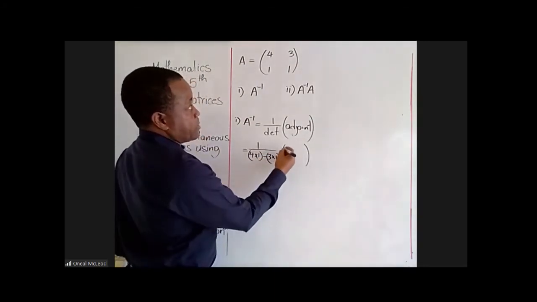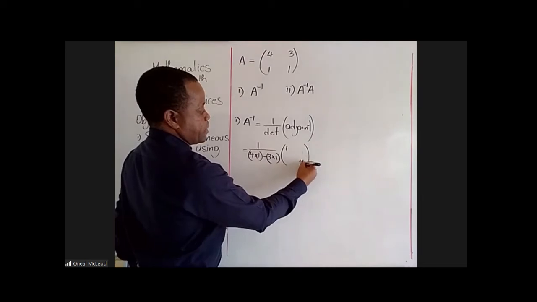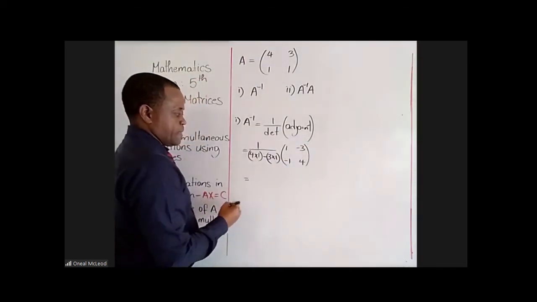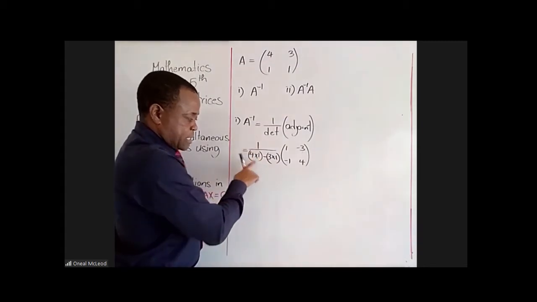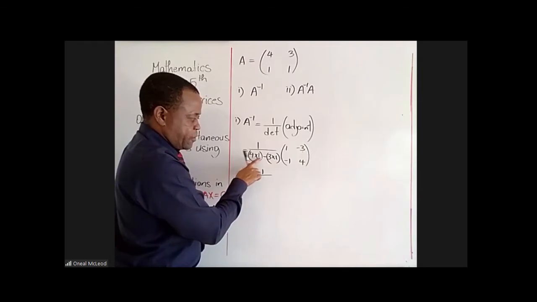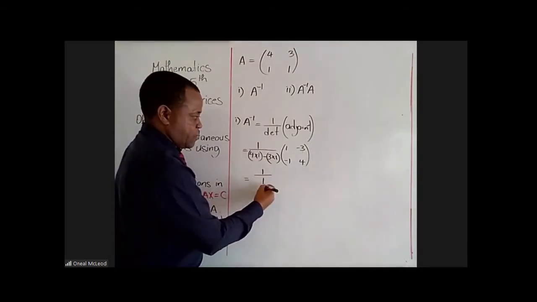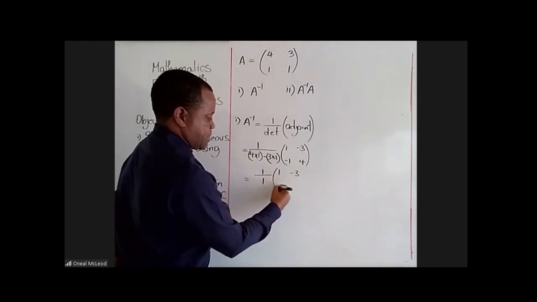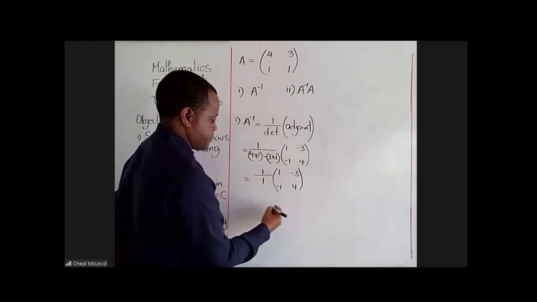And our adjoint would end up giving us 1, 4, -3, and -1. Now, when I work this part out, we'll end up getting 4 minus 3. So that is going to be 1 times the adjoint, which is 1, -3, -1, and 4.